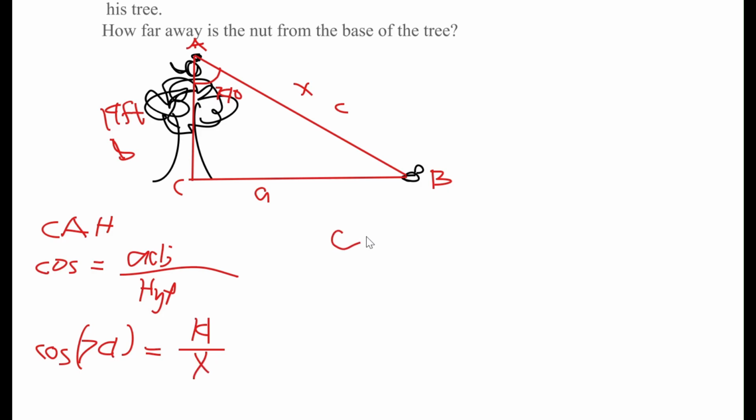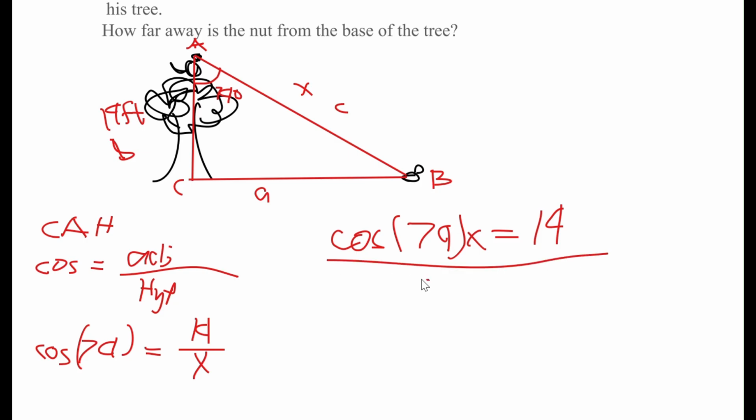So x cos 74 is equal to 14. Then we divide both sides by cos 74, so this will cancel.